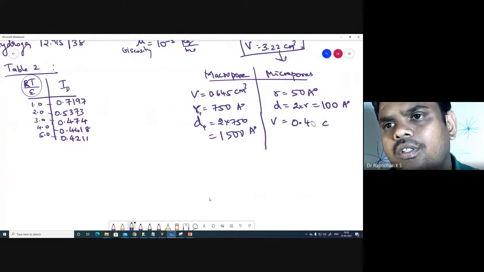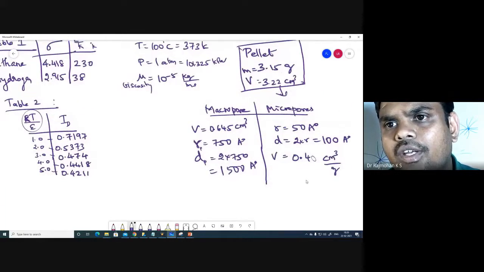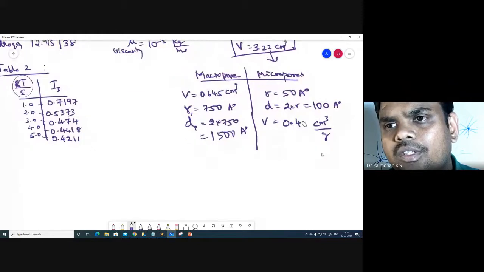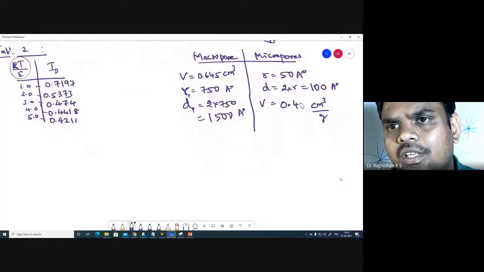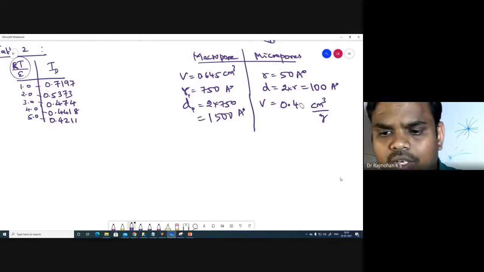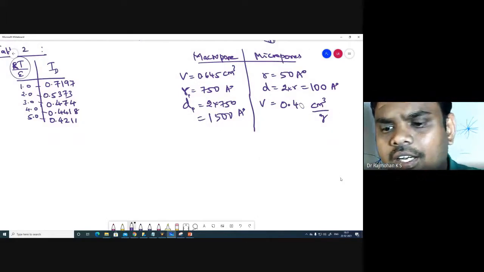So what is the total mass of pellets? Accordingly, 3.15 gram. What will be the volume? For per gram of catalyst, we have 0.40 centimeter cube as the volume. So these are the data given.